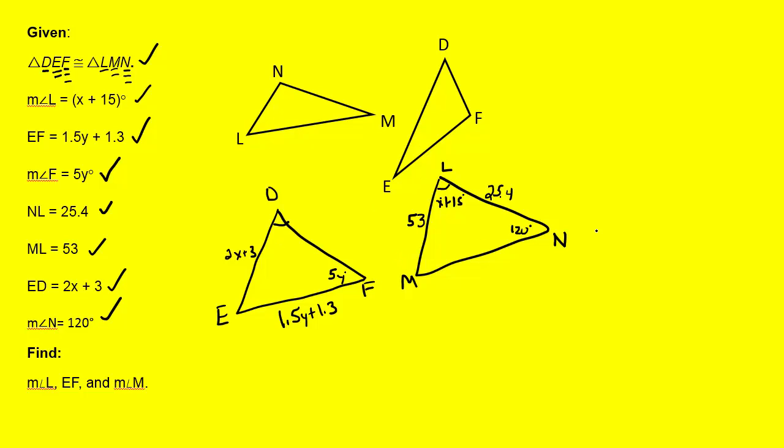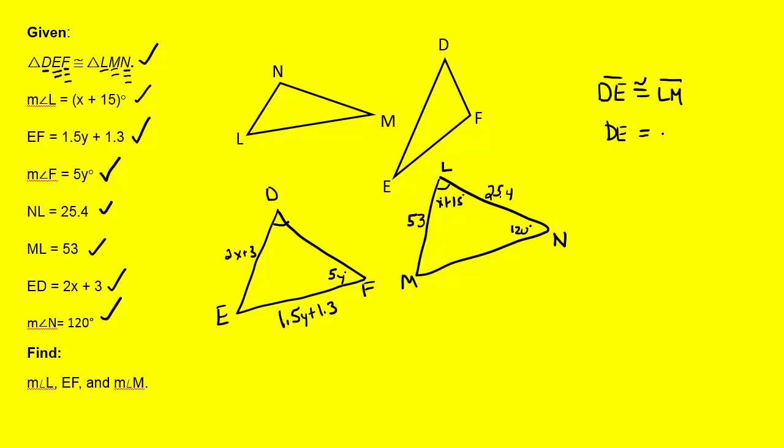In other words, I can say that segment DE is congruent to segment LM. Again, these are corresponding sides, and by definition of congruent triangles, these two sides have to be congruent. And the definition of congruent segments says that if two segments are congruent, I can say that they have the same length.